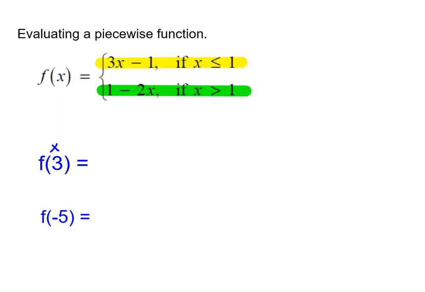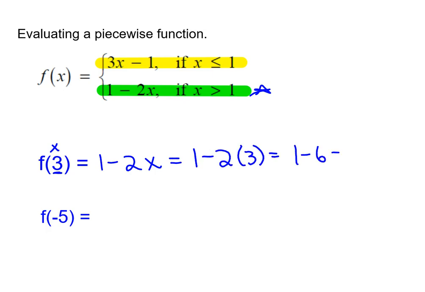And since 3 is greater than 1, I'm going to use this bottom equation. So I'm going to say 1 minus 2x is the equation I need. And I'm going to plug in that 3 for x. So I get 1 minus 2 times 3, so 1 minus 6. And the value of f of 3 is equal to negative 5.